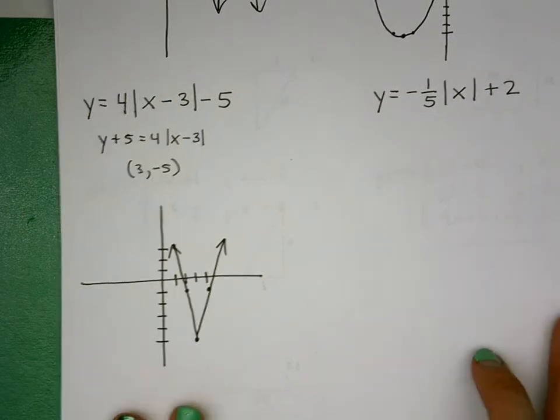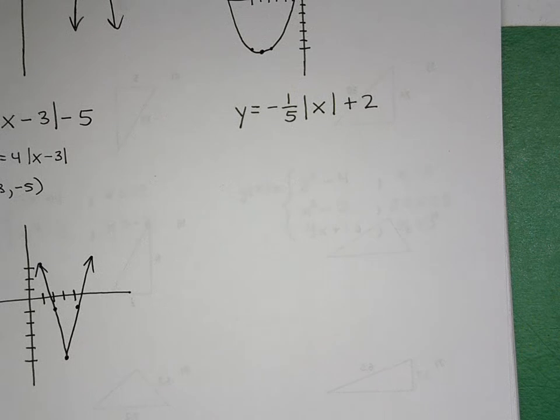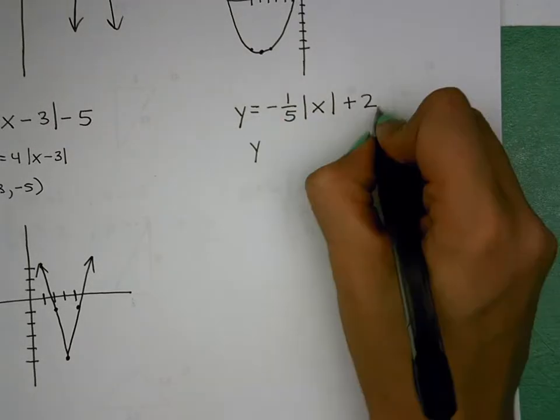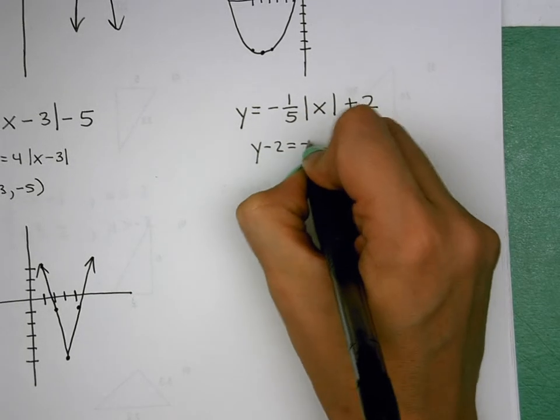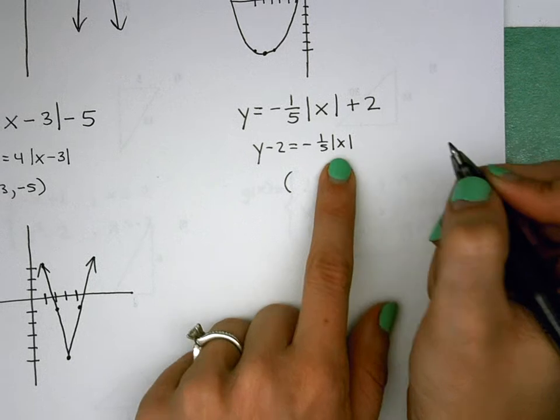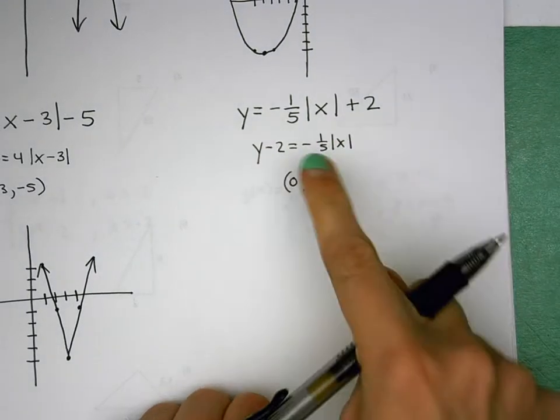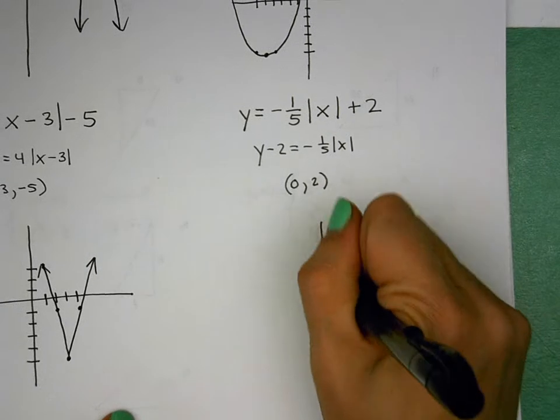Okay. Next one, go ahead and pause the video, give this one a shot. Okay, descriptive form, let's go ahead and subtract that 2 over. And my initial point, my vertex, is at x equals 0, y equals positive 2. My slope is going to be negative 1/5.